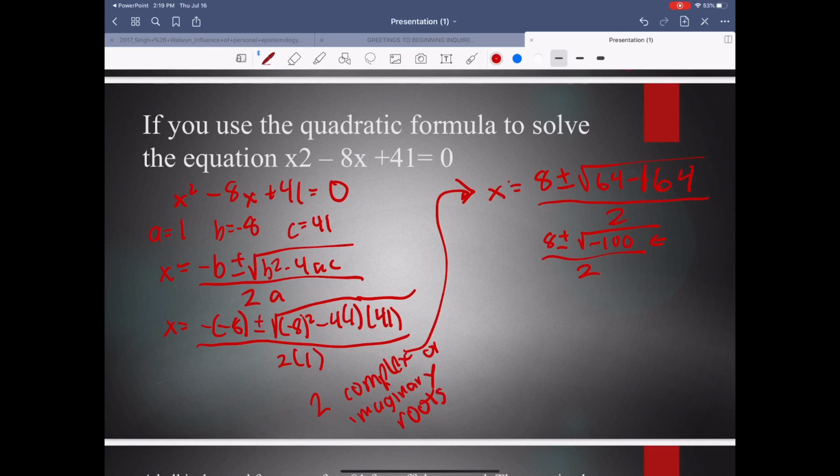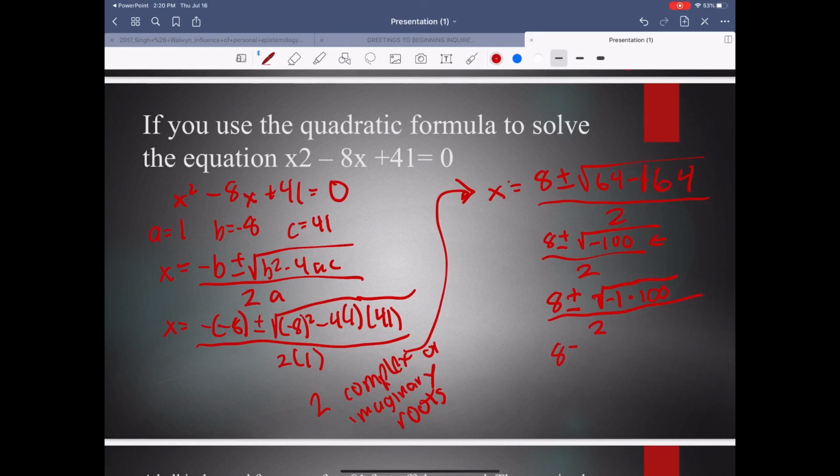Now, in order to simplify this one, I'm gonna have to explain a little. So 8 plus or minus. Whenever you have a negative inside the radical, you need to separate it as follows. So I got -1 times 100, all this divided by 2, and I'm gonna keep on simplifying it.